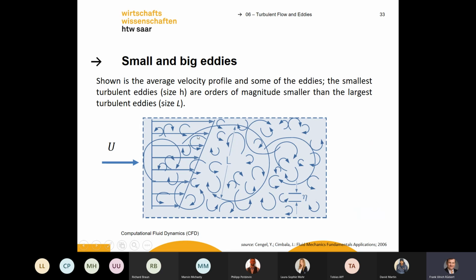You describe the big swirls with a momentum balance, but the small little swirls you no longer describe with a momentum balance. You describe them with a kind of viscosity, because if you have a lot of small swirls inside your fluid, it behaves as if the viscosity is higher.